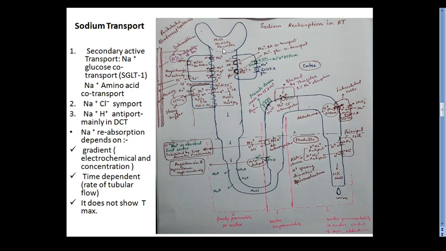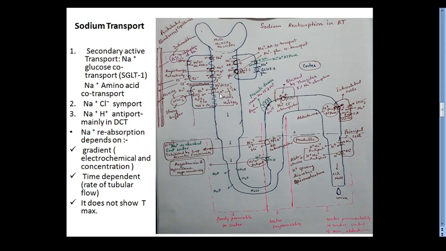So in this PCT, you can see that there are different mechanisms, that is secondary active transport. There are a few symport channels, a few antiport channels, and a few co-transport channels which help in reabsorption of sodium ions. And the hydrogen ion which is excreted out in exchange for sodium ion gets combined with the bicarbonate ion, and there is a presence of carbonic anhydrase enzyme in the lumen as well as in the epithelial cell of the tubule.